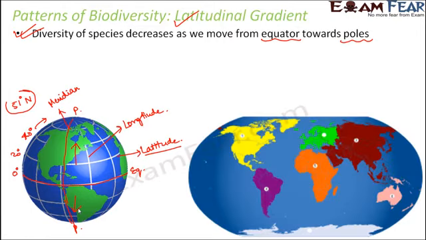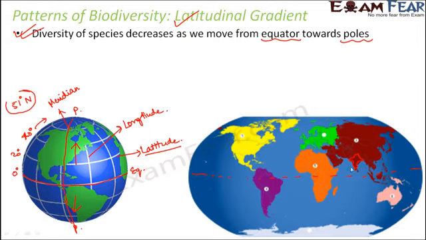Now if you look at the world map, you will get to see the places which are located comparatively near the equator. Just as an example, if the equator is located, say, somewhere here, and you see India, where is India? This is where India is located.